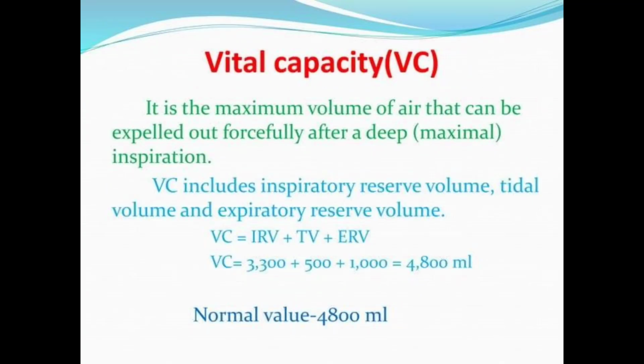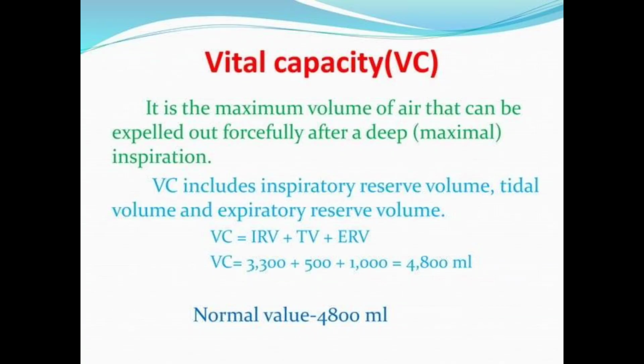Second is the vital capacity. It is the maximum volume of air that can be expelled forcefully after a deep maximum inspiration. Vital capacity includes inspiratory reserve volume, tidal volume and expiratory reserve volume.